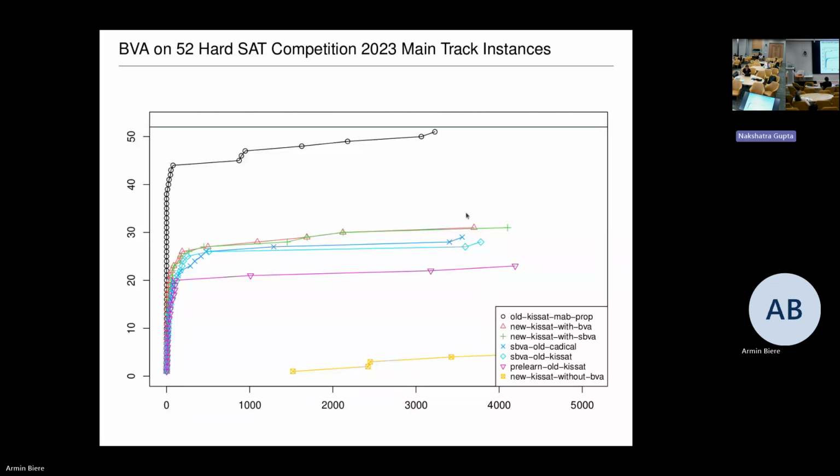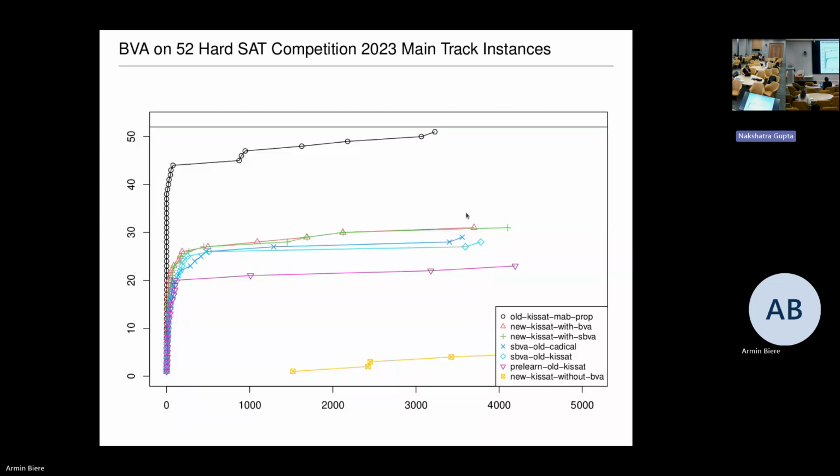There was another technique here, PR learn. This was also from CMU, from Randy Bryant and other students. They did PR clause learning. I think there was a paper last year or 2 years ago where they proposed this preprocessor. That also gets reasonable performance on these hard combinatorial benchmarks, but it's not as good as BVA.